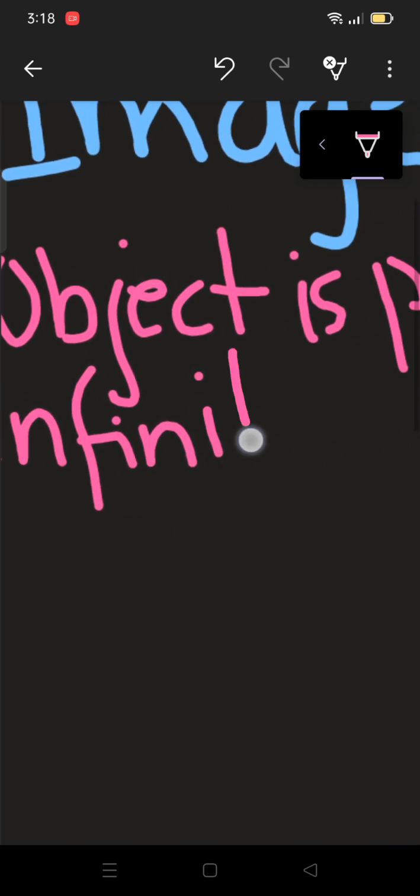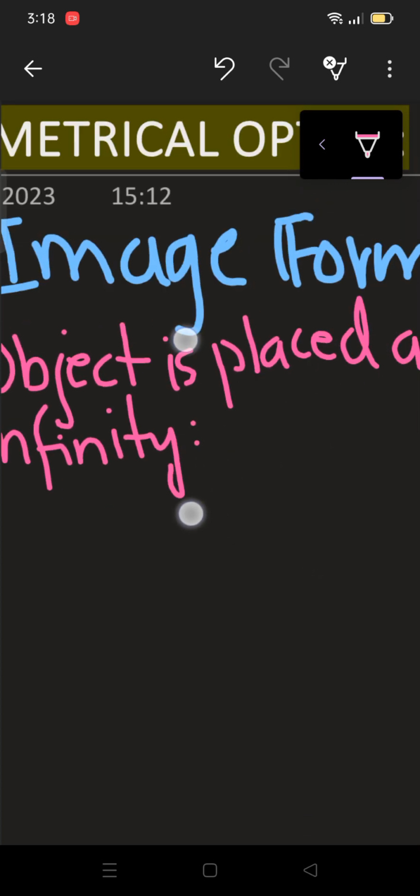Let's see. So we do have the first condition where the object is placed at infinity. Here I am using a biconvex lens.